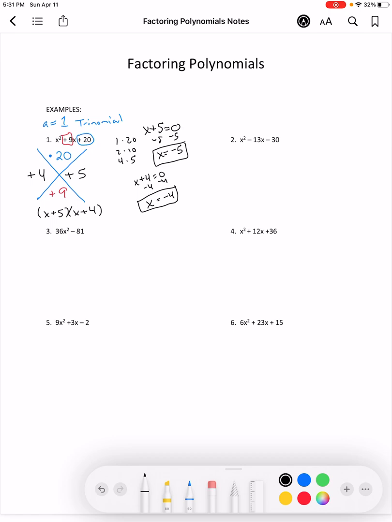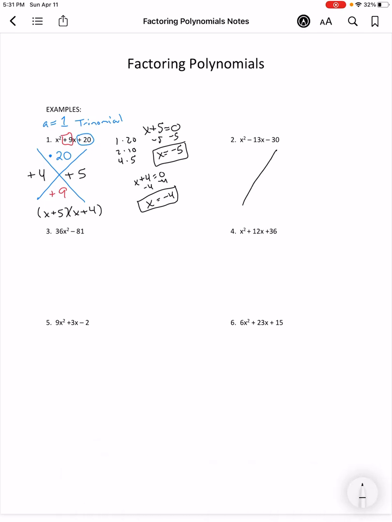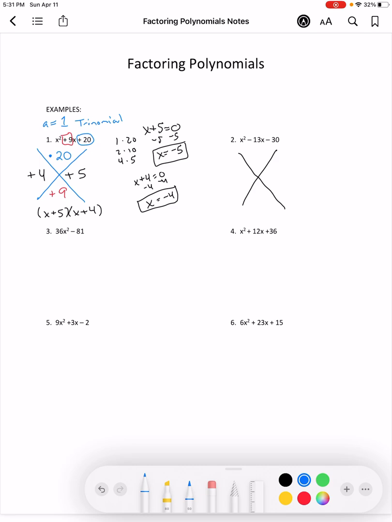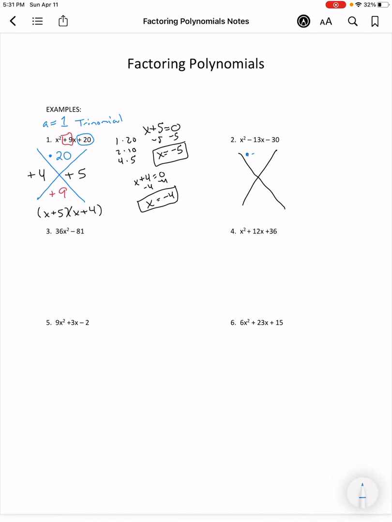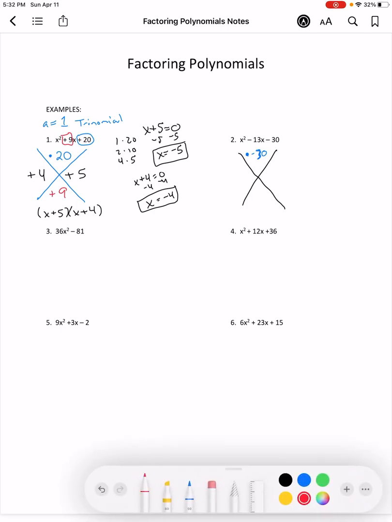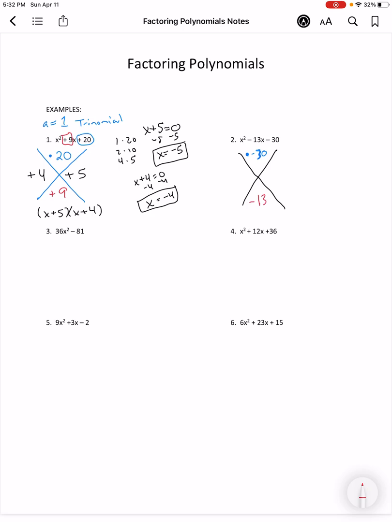All right, moving on to our second polynomial. Again, I have an A equals 1 trinomial. So again, I'm going to create the X. This time, I'm going to have it multiply to my C value, which this time is a negative 30. And then my B value is going to be a negative 13.